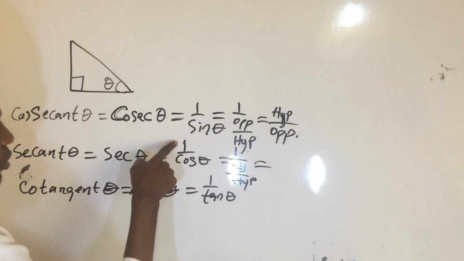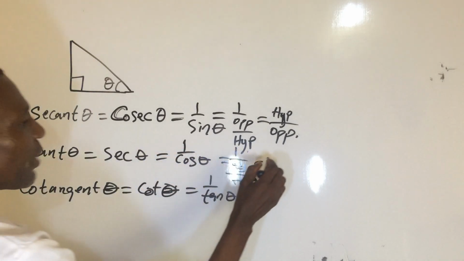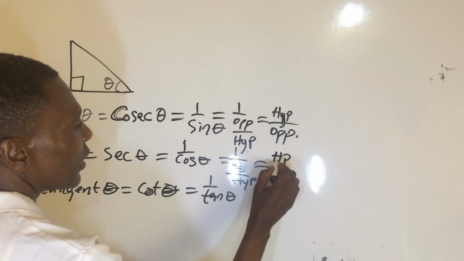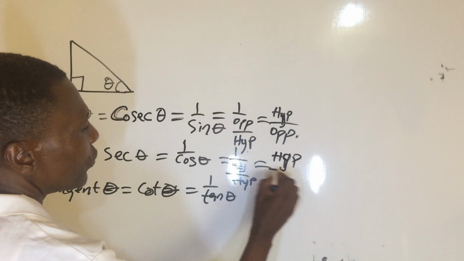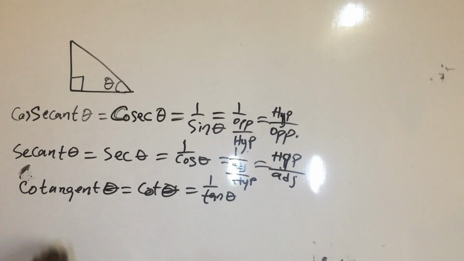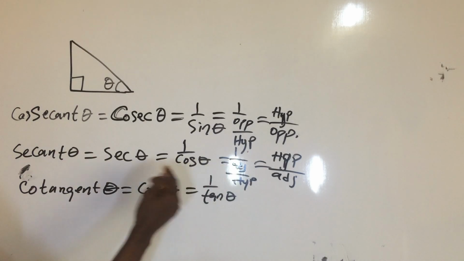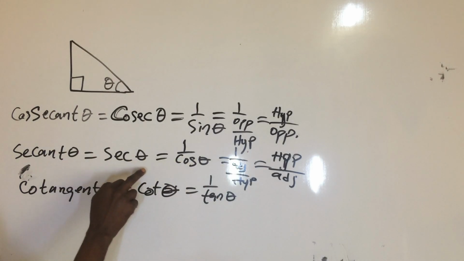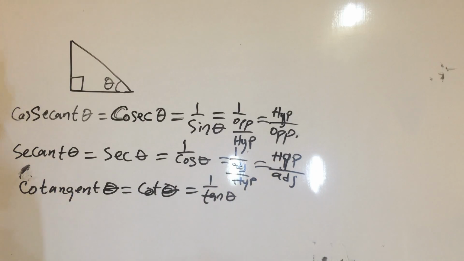So the inverse of it, because sec is the inverse of cos, will now become hypotenuse over adjacent. So you can calculate sec theta by hypotenuse over adjacent.